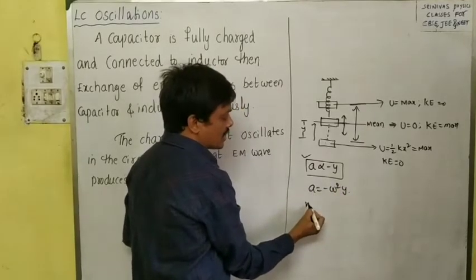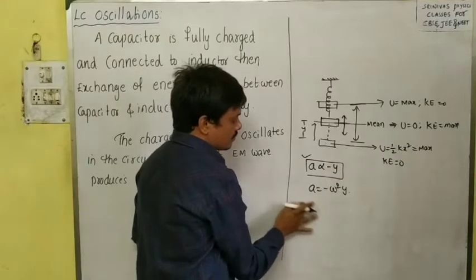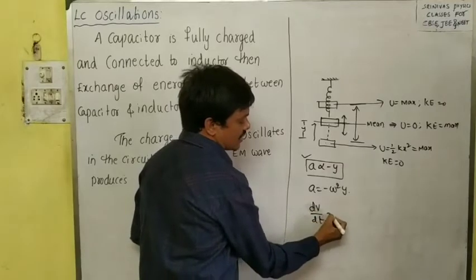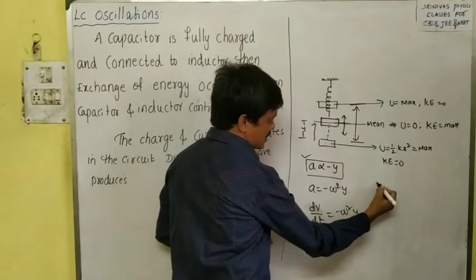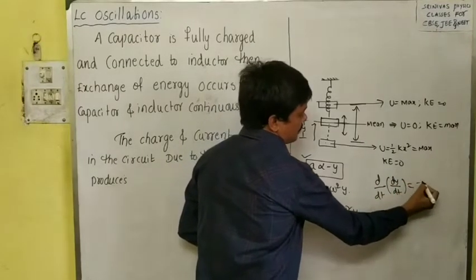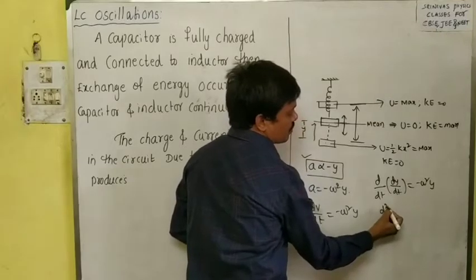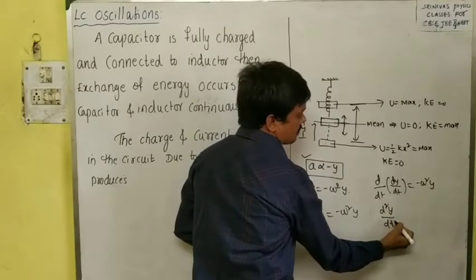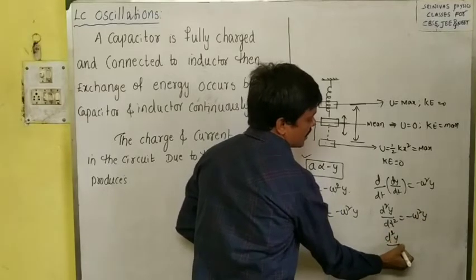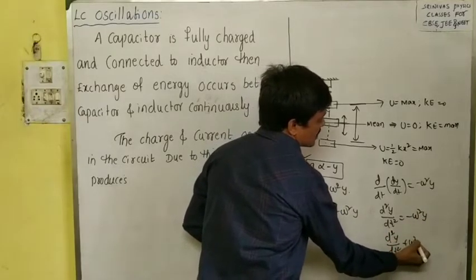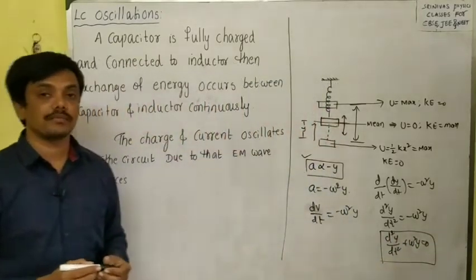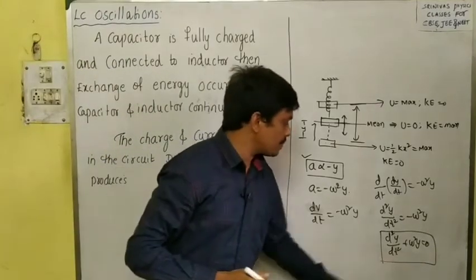If acceleration is A is equal to dv by dt, the rate of change of velocity, and velocity is the rate of change of displacement, then the general equation of SHM is d square y by dt square plus omega square y is equal to 0. This is the equation of SHM.